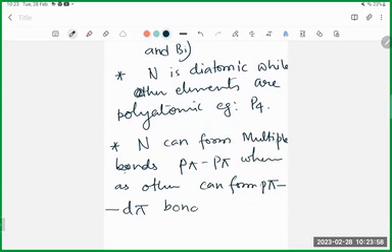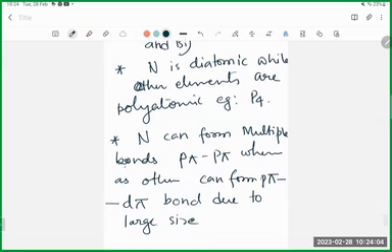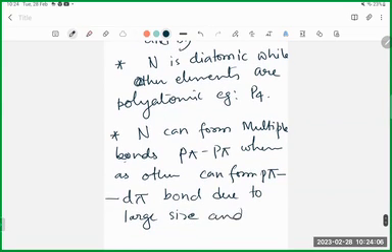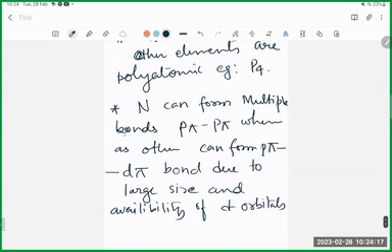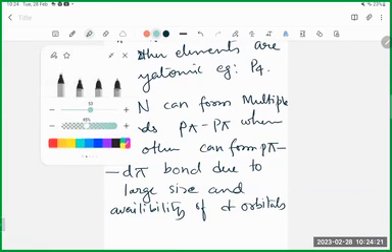This bond in the others is due to large size and the availability of d orbitals. So, the most important anomalous characteristic, let me highlight this part.